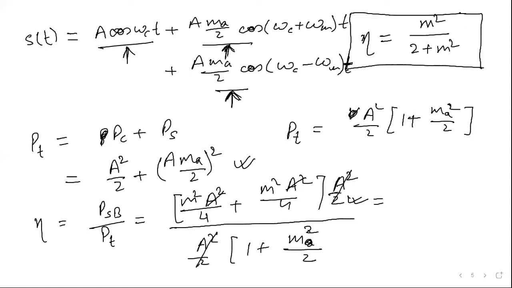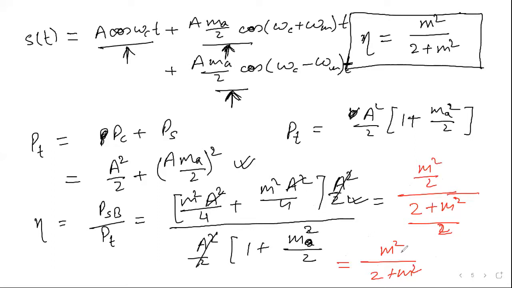So we have m square by 4 and m square by 4, that is m square by 2, divided by, what is left below? 1 plus m square by 2, so here it will be 2 plus m square by 2. 2 is the LCM here, and in the numerator, m square by 4 plus m square by 4 is m square by 2. So you can calculate it very easily. In this way, we have got m square by 2 plus m square. So this is the efficiency in terms of modulation index also.